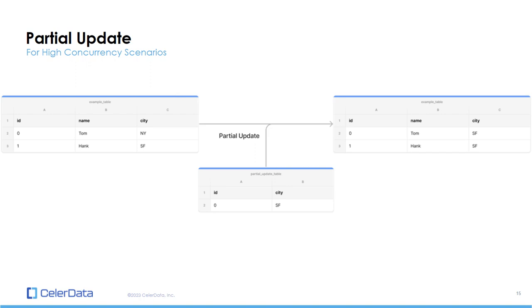And the answer is actually pretty simple. So instead of doing denormalization in a pre-processing or stream pre-processing tool, we can actually support a partial update operation directly on the columnar storage, right?